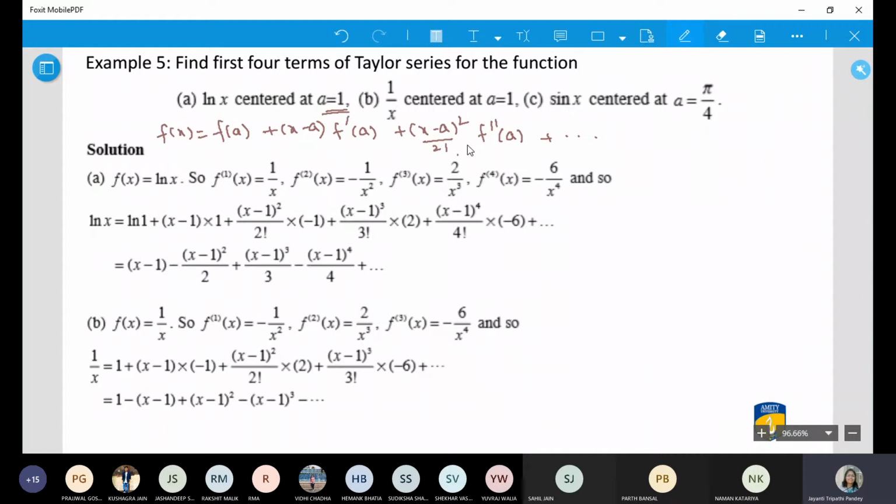When you are expanding about a specific point. When no point is mentioned, that means we expand about 0, as we did in the previous question where we expanded sin x and nothing was mentioned. Is this distinction understood or not?